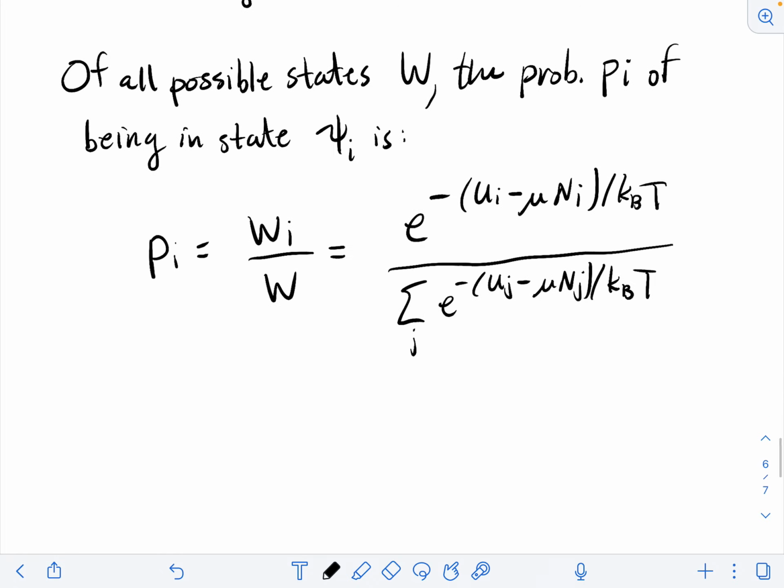Okay, so this is called the grand canonical distribution function.